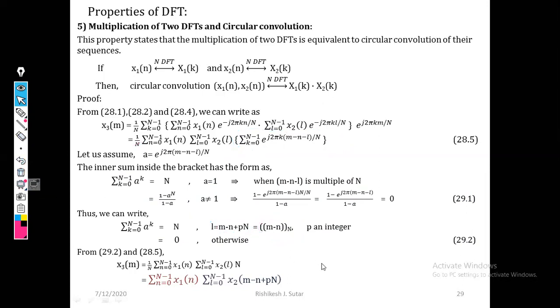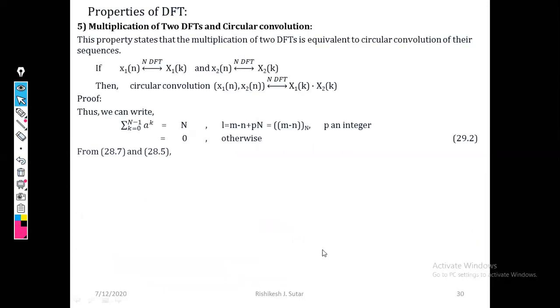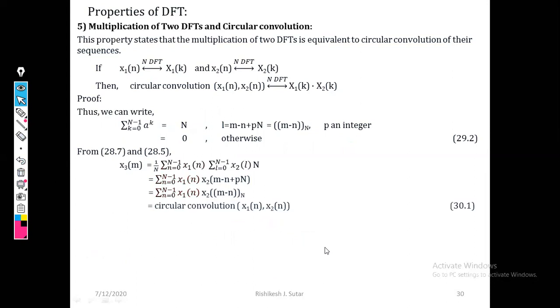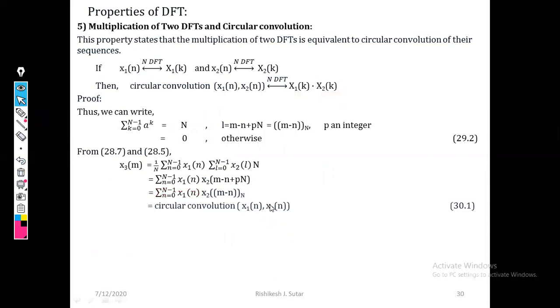Let us bring these equations in the further slides for our reference. We will go till this point. Now what is this x1 of n and x2 of m minus n, capital N? It is nothing but the circular convolution of x1 of n and x2 of n.